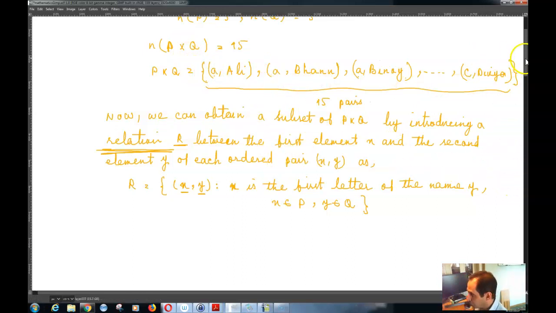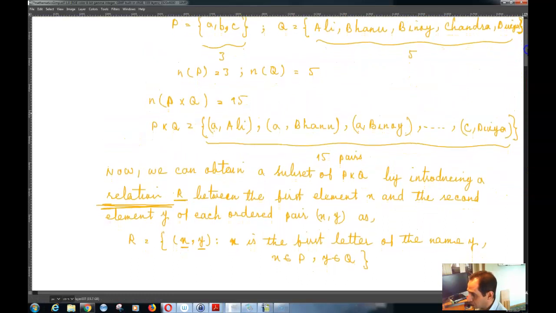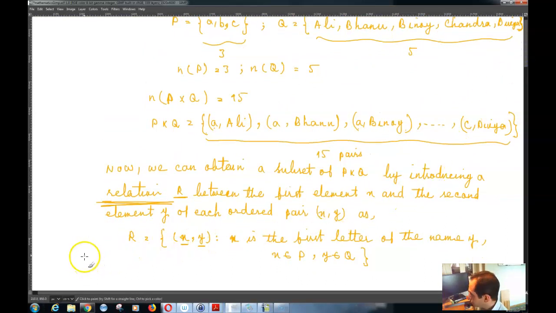And so if I go through all of the elements that I would get here, R would be this set over here. So A would go with only Ali, because A is the first letter of this name, and it cannot be the first letter of any of these names. Now B can go with Banu and Binoy.